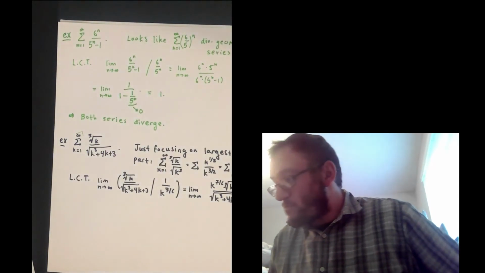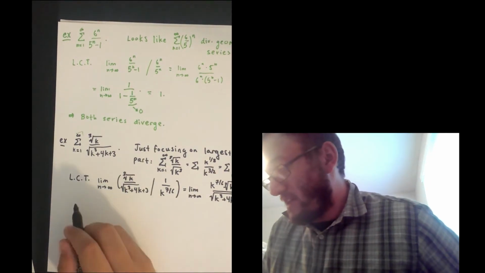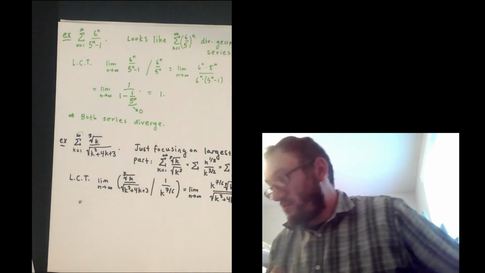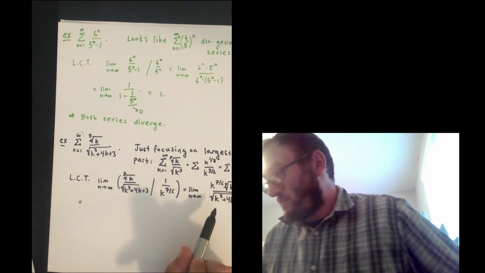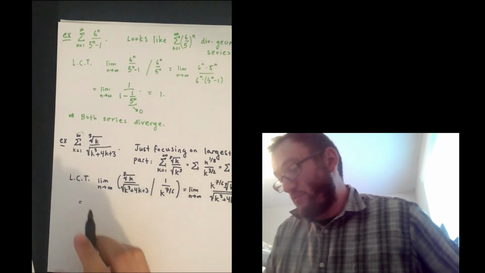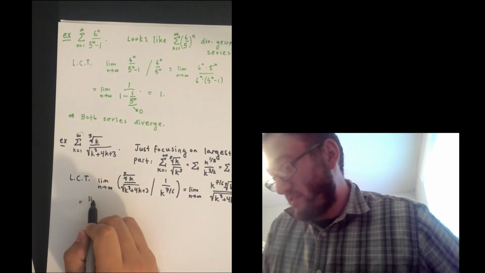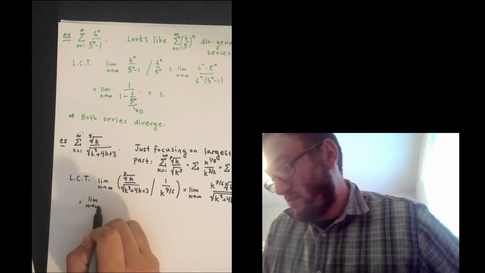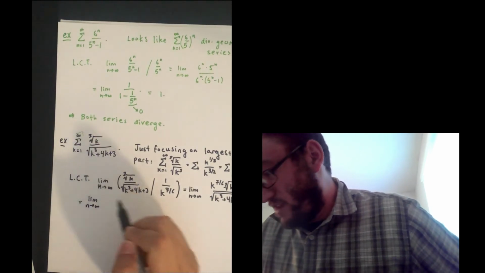And what I'm going to do now is factor out the k cubed from this square root. So first let's get the limit written out. Oh, this should all be k's, excuse me.